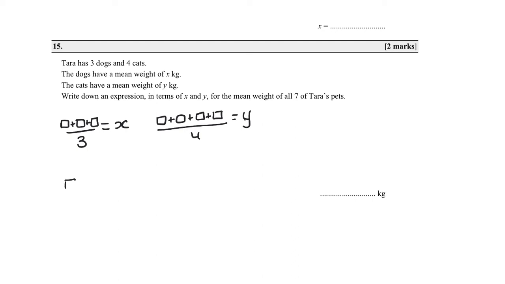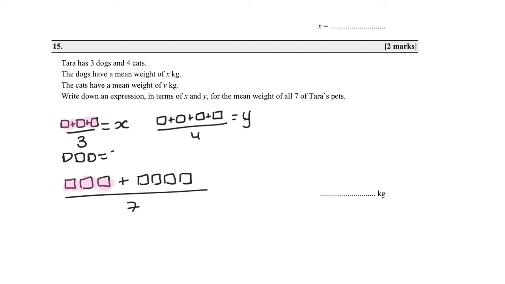So this time we're going to have our 3 dogs plus our 4 cats, and we know we have to divide that by 7, okay? Now, what do our 3 dogs equal? We know the 3 dogs divided by 3 is x, so that must mean the 3 dogs is 3x. So I'm going to write 3x.